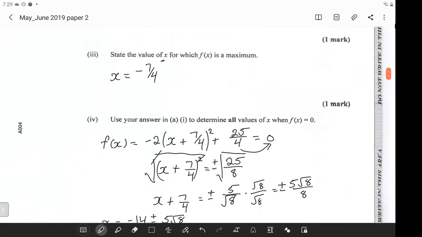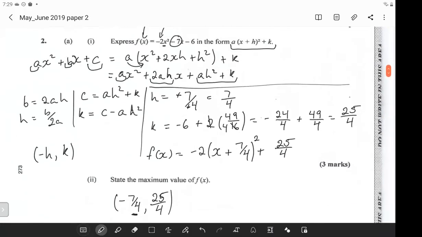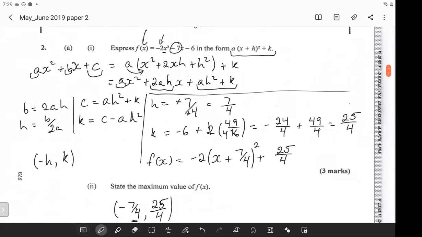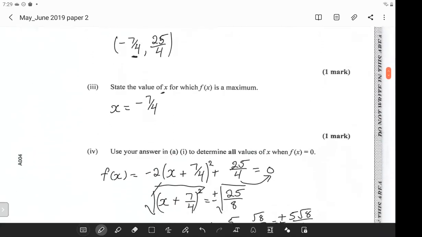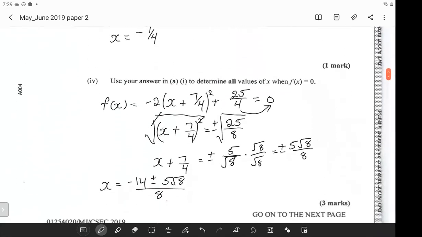You could check that this is the solution you would get if you use the quadratic formula.